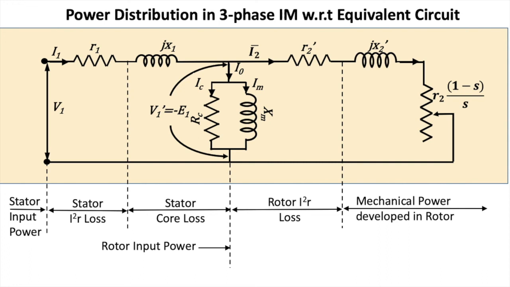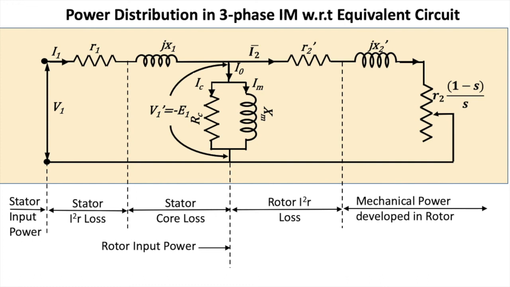Then the current goes to the rotor side, there is the rotor loss, and finally it is the mechanical power developed in the rotor which is given as the electrical load R2 times 1 minus S by S. So this is the power flow diagram as per the induction motor equivalent circuit.